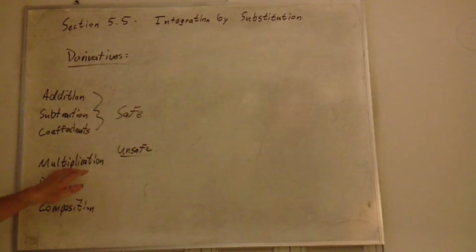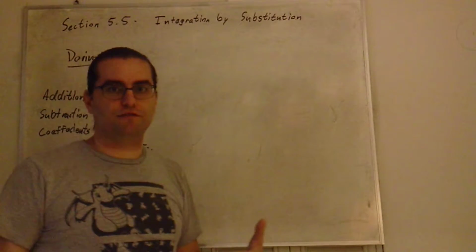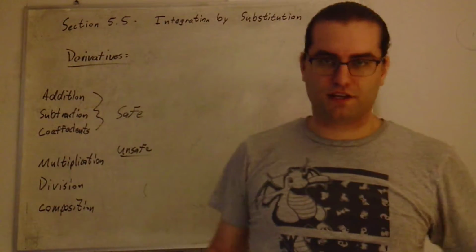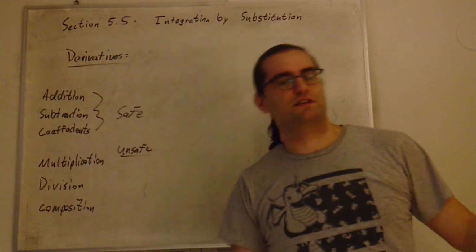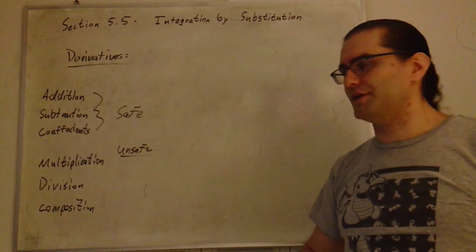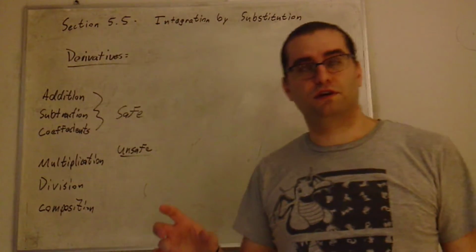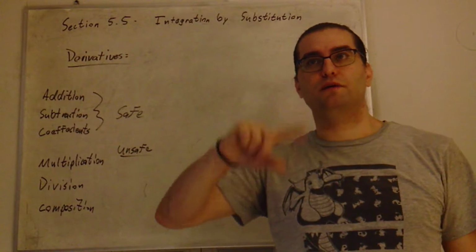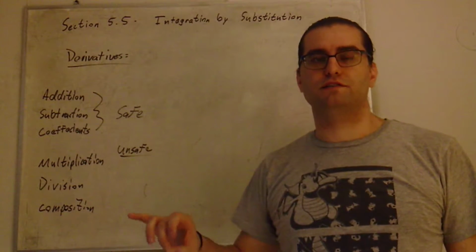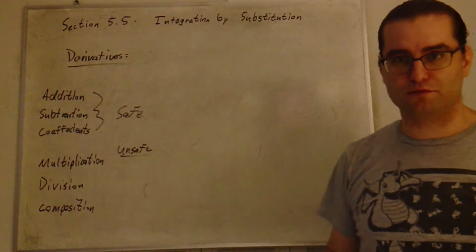When we were doing derivatives of products, we had to use the product rule. Derivative of the first times the second plus the derivative of the second times the first. I can write it much more easily than I can say it. For division, we had the quotient rule, which was the top prime times the bottom minus the bottom prime times the top, all divided by the bottom squared.